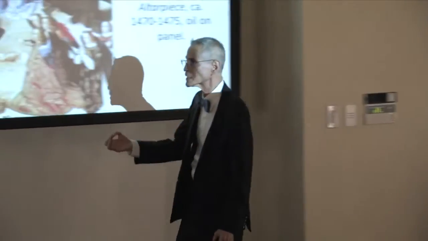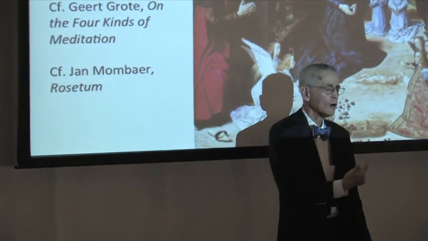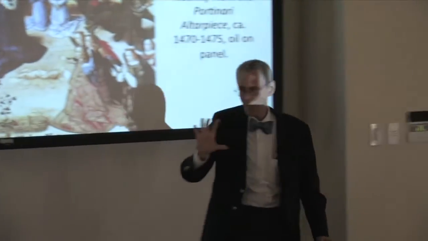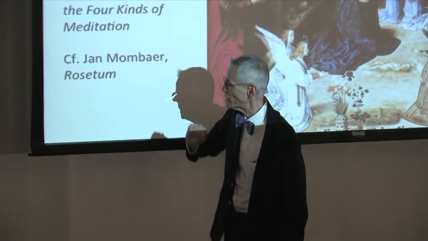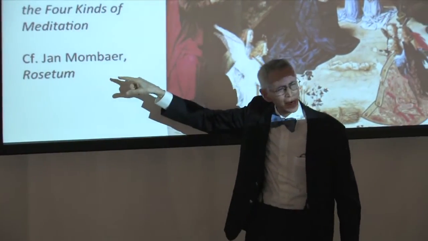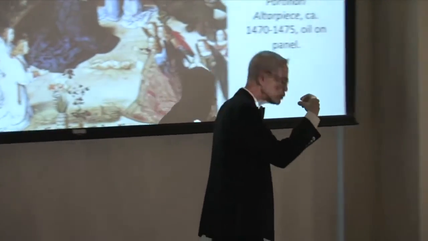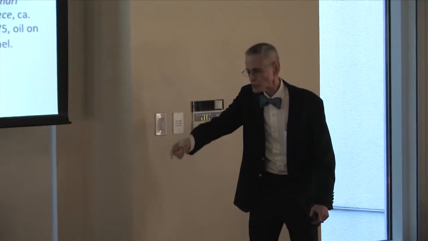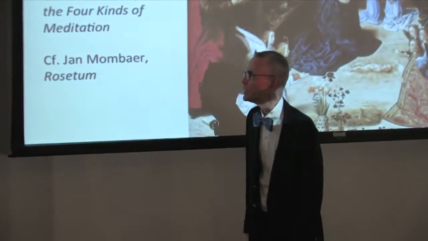Two of the texts that were most favored in this community, and they're both texts about the nature of prayer, how one prays, are texts about meditative prayer: Geert Grote's On the Four Kinds of Meditation and Jan Mombaer's Rosetum. And that's Latin for, you could translate that rosary, as if, visualize to yourself a chain of roses. Each rose is a prayer, and he sets forth this sequence of prayers.